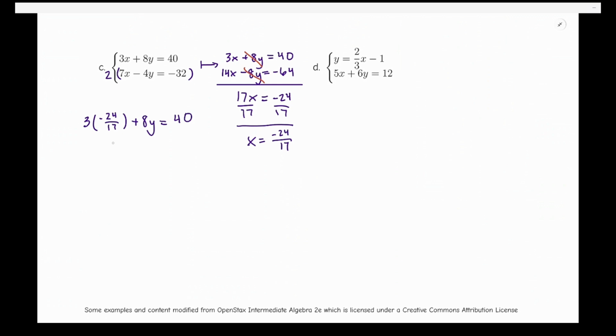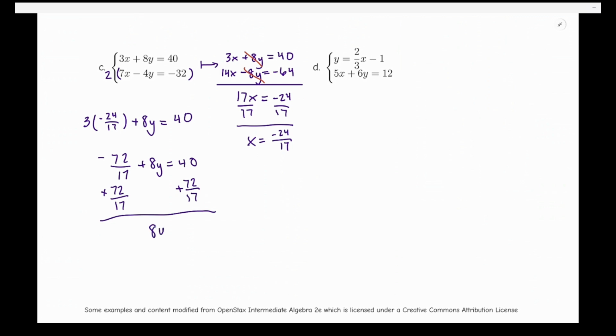What does that come out to be? Negative 72/17 plus 8y equals 40. Add 72/17 to both sides.